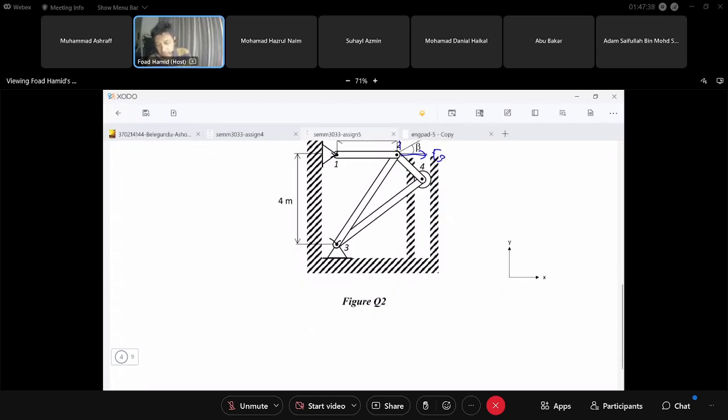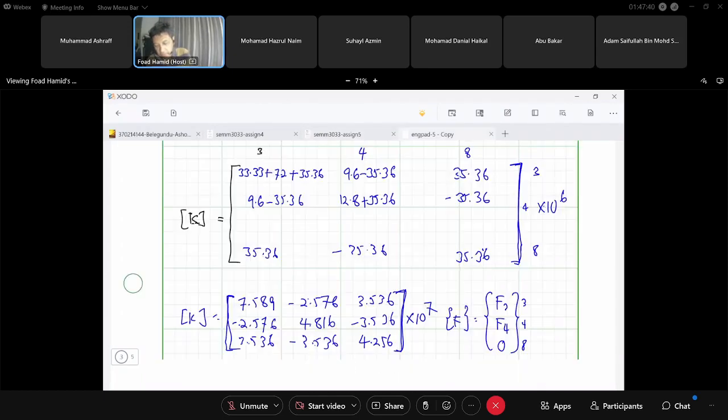So if I substitute that into the equation, this becomes 1.4142, and of course because this is 45 degrees, the same, times 10 to the power of 4 newtons.